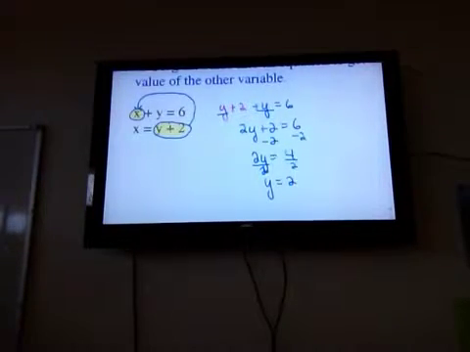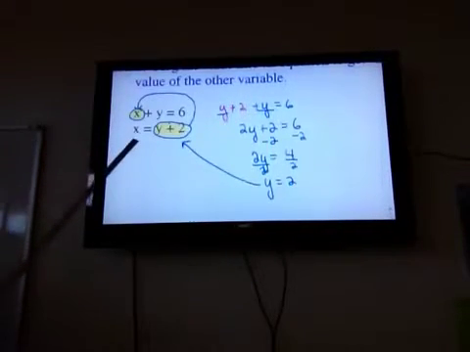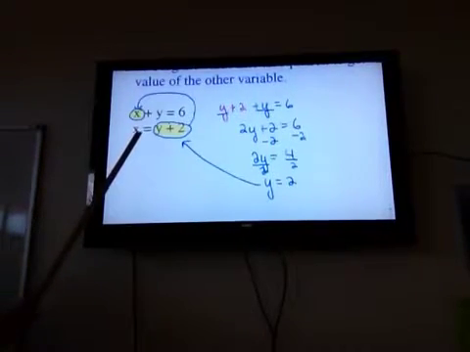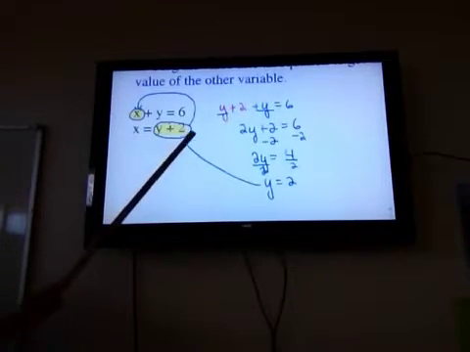I have choices of where I can put that, but I will tell you that the fastest, the easiest place, the least amount of work is to go right back to the substitution equation and plug it in there. So x, which is what we need now, equals y plus 2. Well, now we know y.